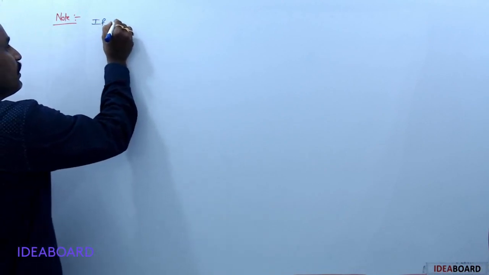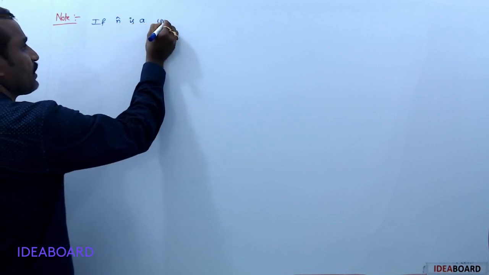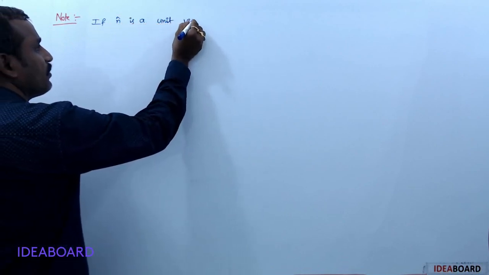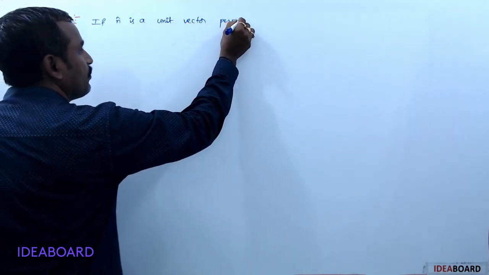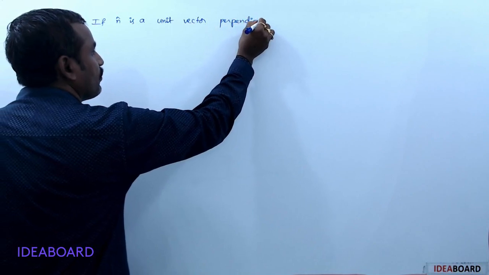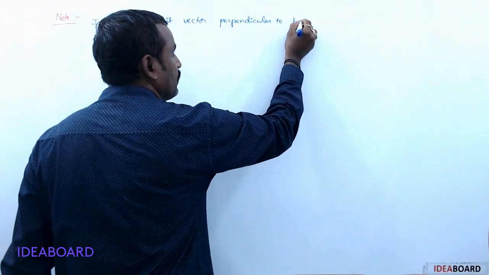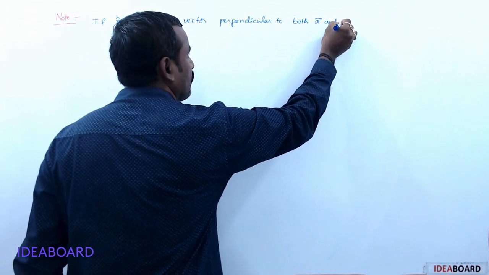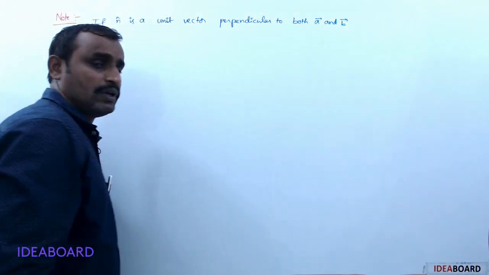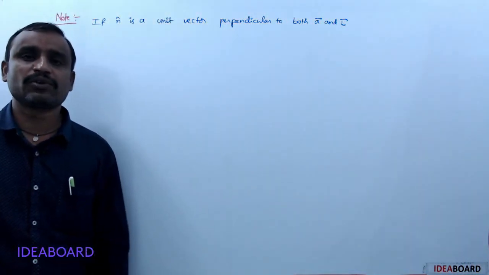If n cap is a unit vector perpendicular to both A bar and B bar. Yesterday we discussed n cap in the definition of cross product.